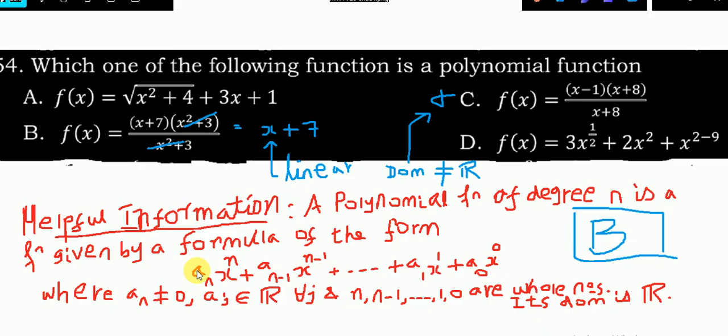A function which is made up of terms of this type, constant times variable raised to a whole number, is called a polynomial function. Choice A cannot be a polynomial function because it involves a square root. All the terms must be of the form real number times variable raised to a whole number.